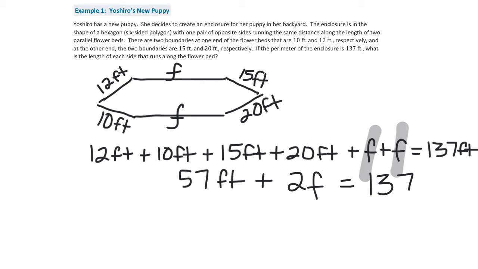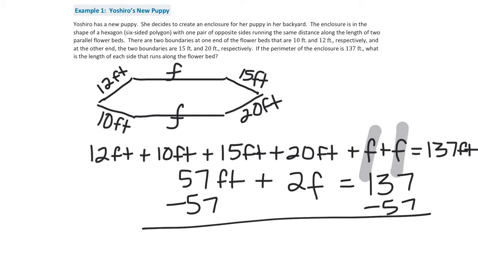Okay, so now I want variables all on one side, which they are. So I'm going to subtract 57 from both sides. And so I'm left with 2F equals 80.